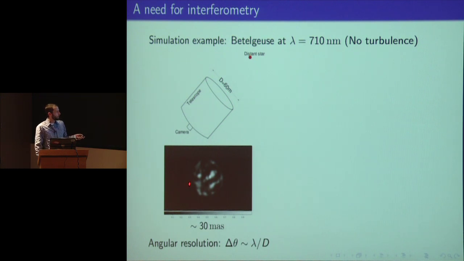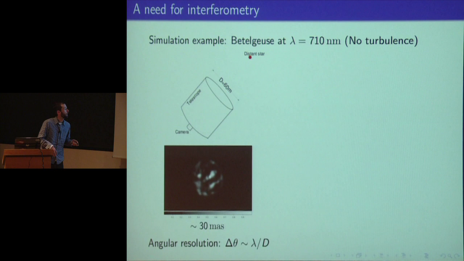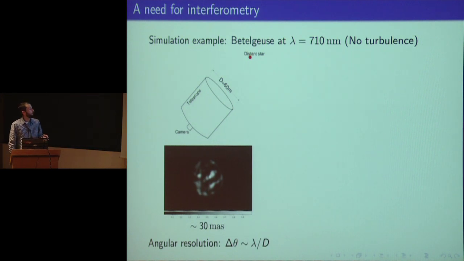And you can see that you already see many of the complex features in the stellar atmosphere. Namely, the smallest pixel that you can resolve is of the order of lambda, which is the wavelength, over the aperture.